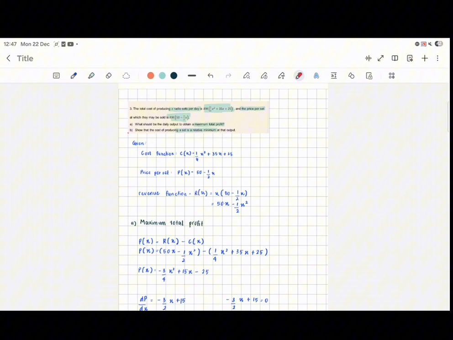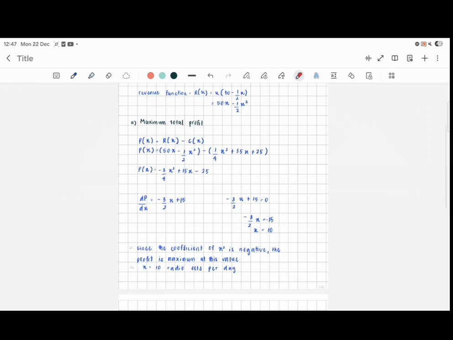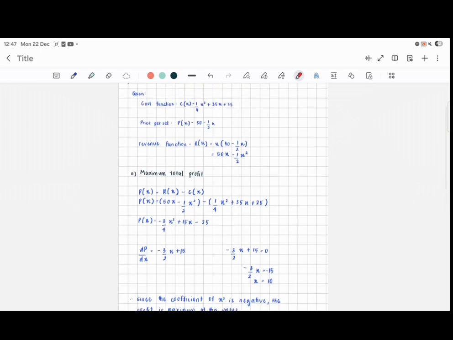A. Finding the maximum total profit. Profit is defined as P(x) equals R(x) minus C(x), which is profit equals revenue minus cost function. So substitute the expression, which is 50x minus 1 over 2 x squared minus 1 over 4 x squared plus 35x plus 25.